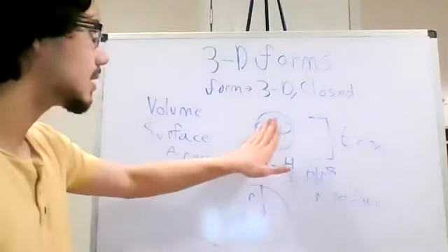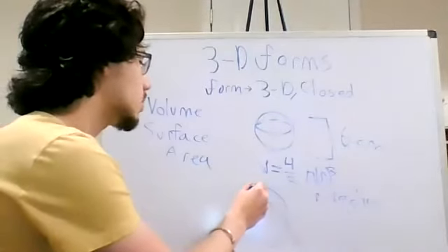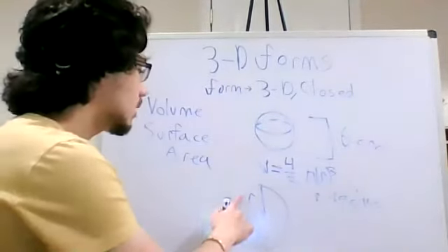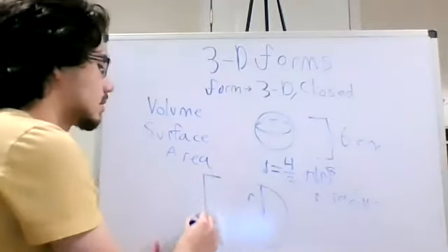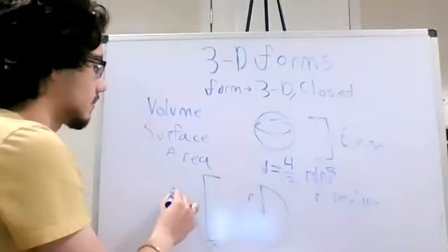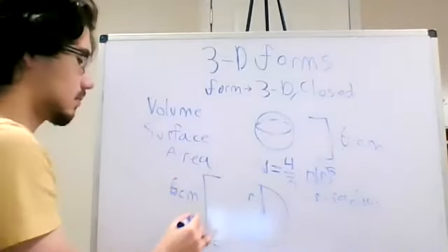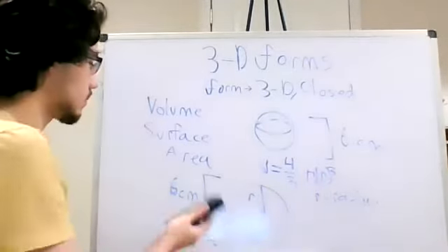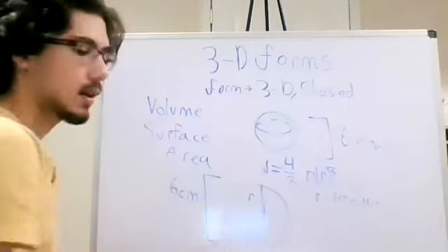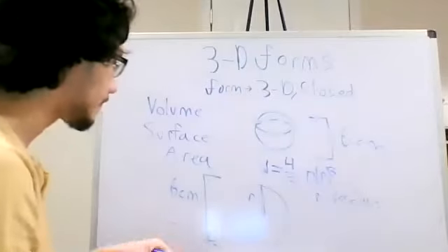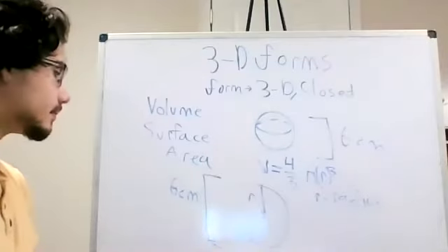Mr. Nathan, if we looked at the sphere from the front like this, so this was our circle that shows what the sphere looks like from the front, could we say that our measurement would look like this? Would you say this is true or not? Yes, sir. Okay, very good.